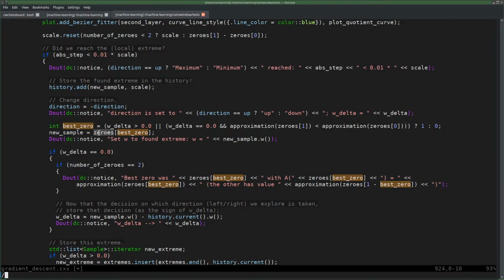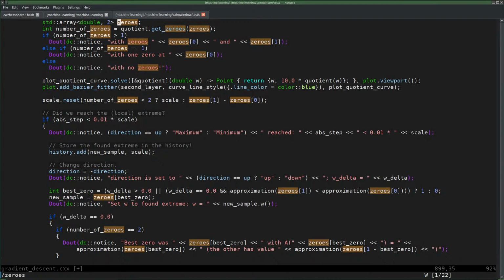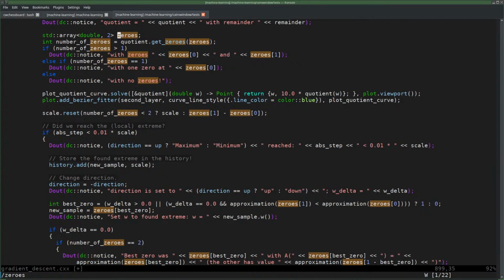And then I'm using something with zeros here. I'm guessing that the zeros array here is only accessed when, see if the number of zeros is less than 2, I don't access it. Here I might. And here again only when, and then I don't think zeros are used anymore. It's going to the top.